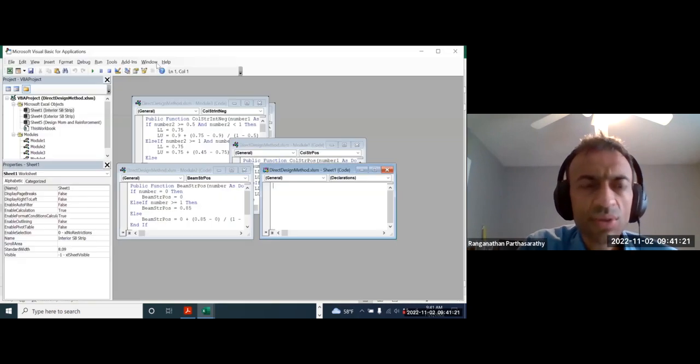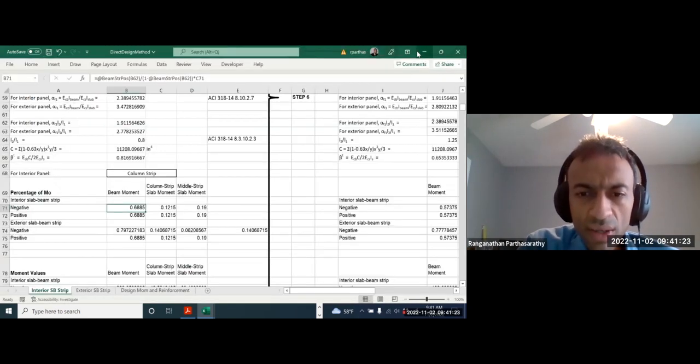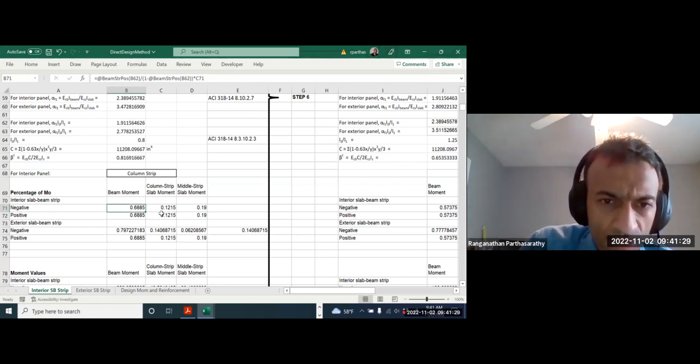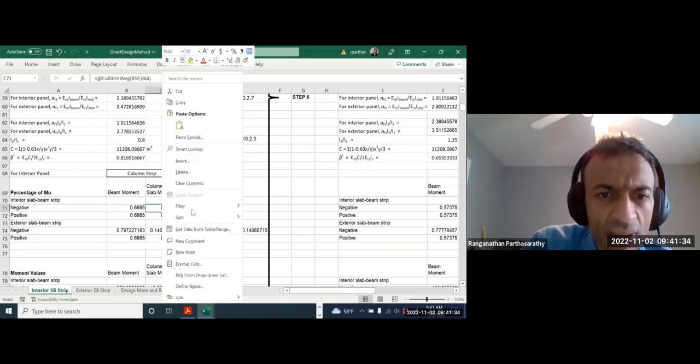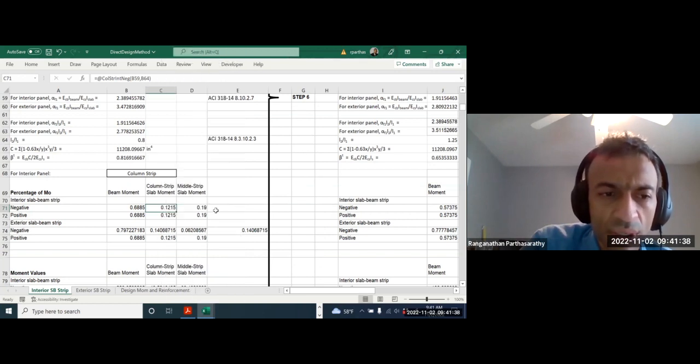Now you can go there and check which I used here, beam strip position. Don't go to that one first. First check this and this, column strip interior negative, and the middle strip is just what is remaining from the column strip.